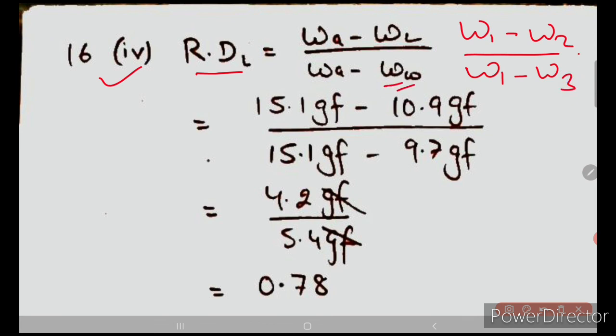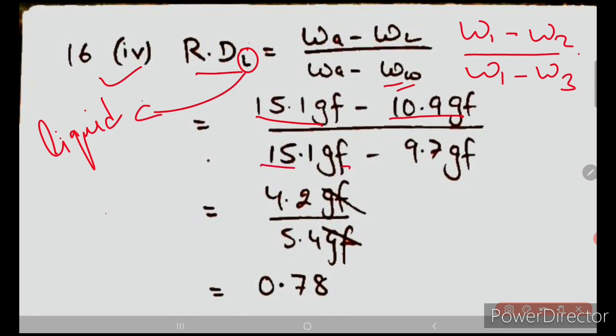So the relative density of the liquid here, L denotes liquid, is WA, weight of the solid in air, minus weight of the solid in liquid, which is given to us, that is 10.9, divided by WA, weight of the solid in air, minus weight of the solid in water. Now calculating, I hope you know how to do the calculation. We shall get 0.78 as the relative density.